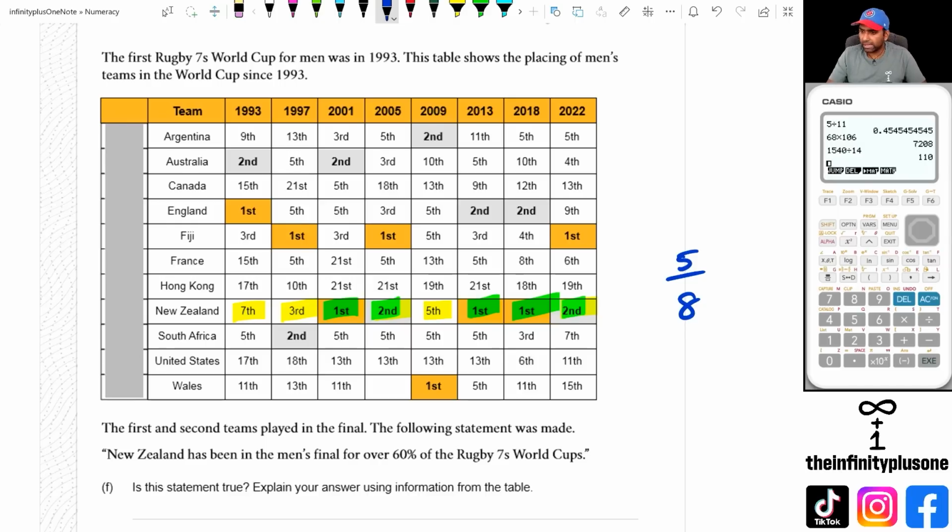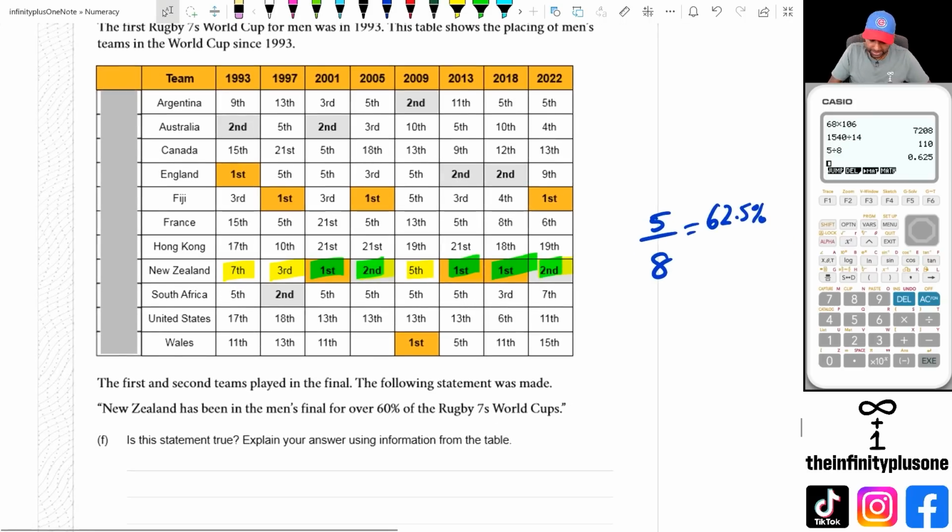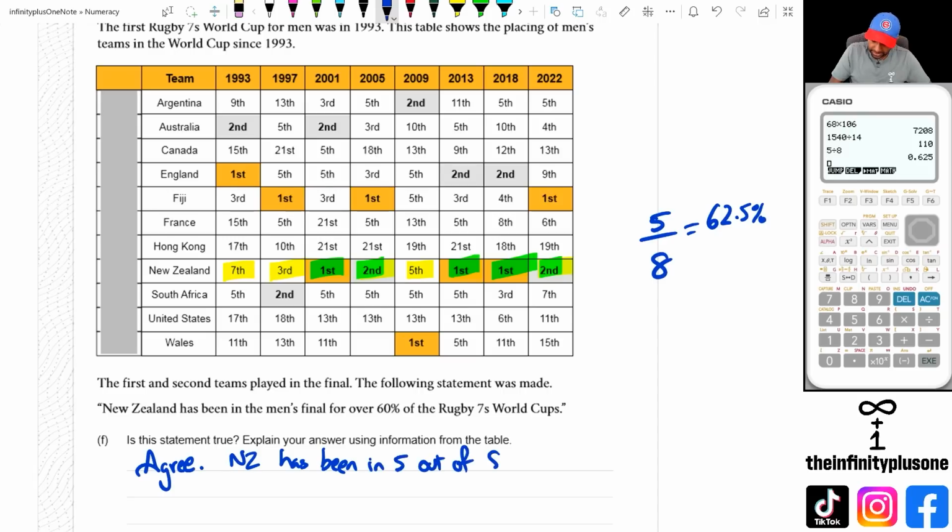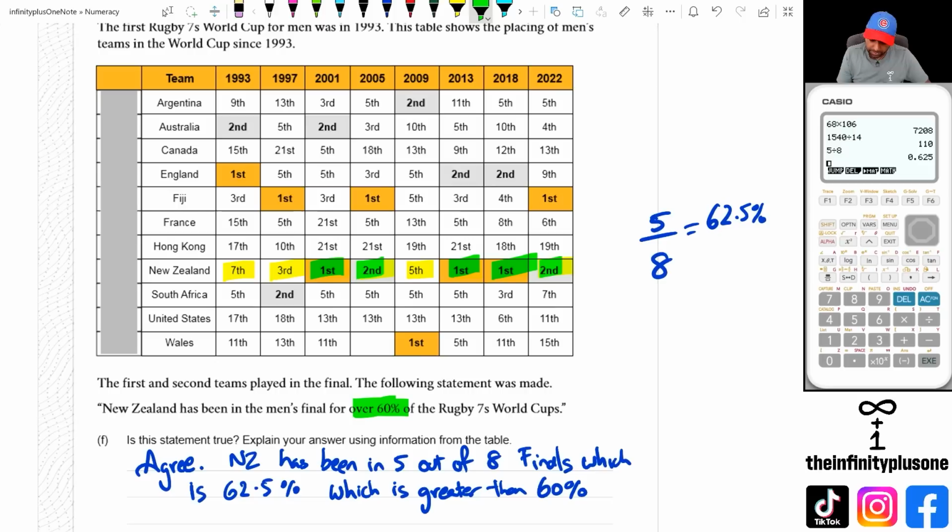Now if we do 5 out of 8 as a percentage, that is 62.5%. I think with this one, it's a straightforward one. We just have to agree, because New Zealand has been in 5 out of 8 finals, which is 62.5%, which is greater than 60%, because they do say over 60% of the Rugby World Cups.